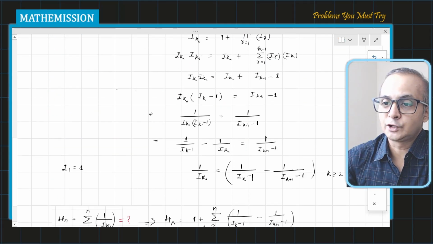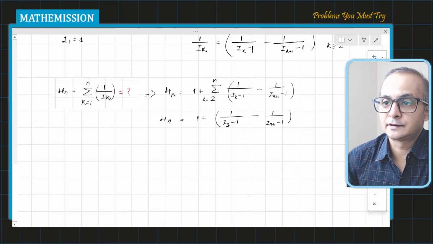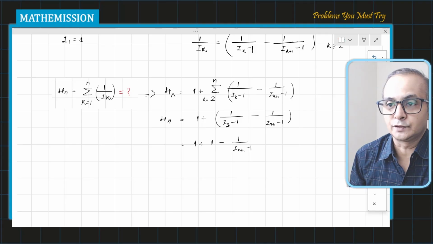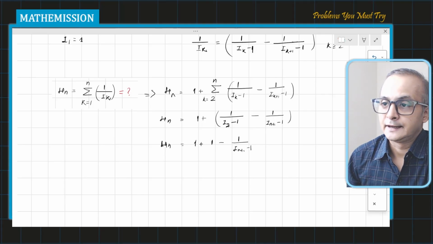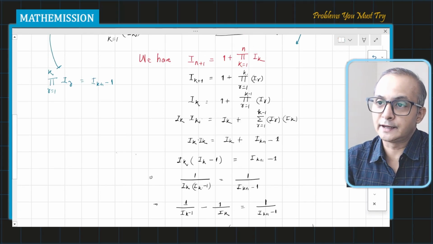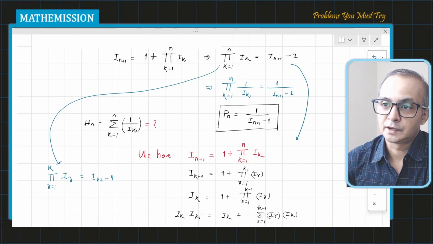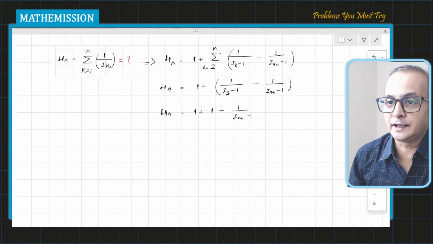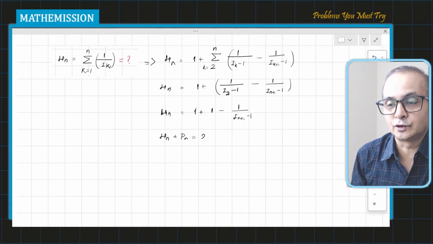It means if i_2 is 2, I will get there that value 1 plus 1, and minus 1 by i_n plus 1 minus 1, and this is h_n. But notice one thing again, this is exactly what we have already evaluated, that is p_n, correct? So I can substitute the p_n value. So what I got is h_n plus p_n is equal to 2.